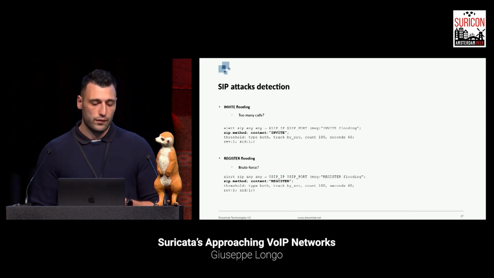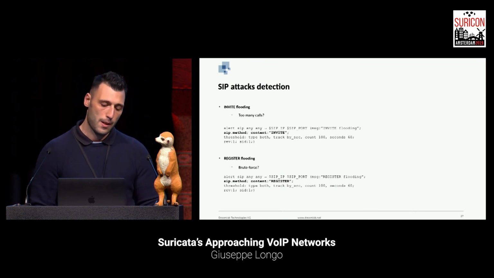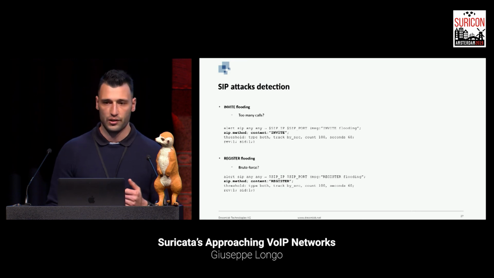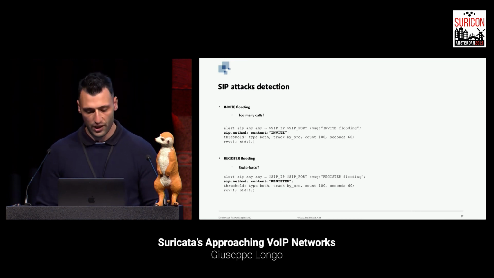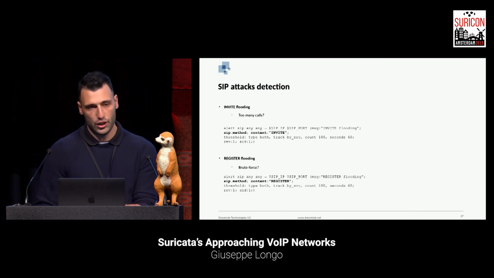The INVITE flooding means that someone is trying to make too many calls. And instead, the REGISTER flooding means that someone is brute forcing the users connected to the server. Even for this flooding attack, we can use sip.method, but changing the content to REGISTER rather than INVITE.